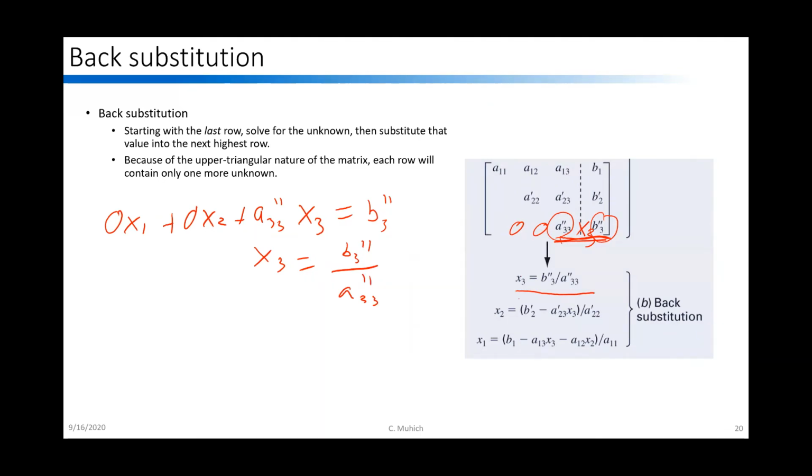So once we have that x3 value, I'm going to take that x3 and use that in solving for that second equation. We can write this out again: 0x1 plus a22 prime x2 plus a23 prime x3 equals b2 prime. Well, this is 0.